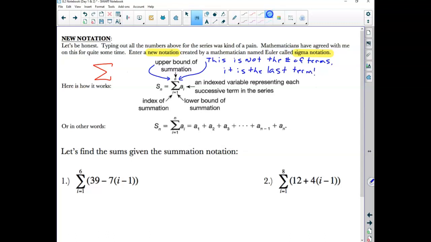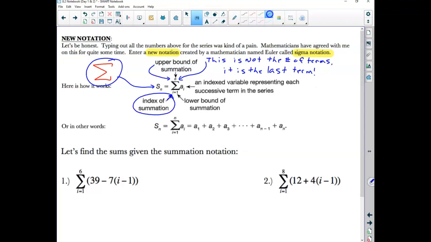So if my top number is 10, the last number in my sequence is going to be a sub 10. This Greek letter sigma stands for an S. It stands for sum. Please add all the terms together. And down here in the bottom, I have i equals 1. This i is called my index of summation.